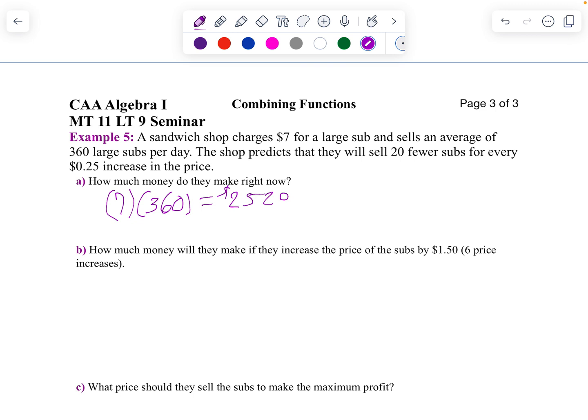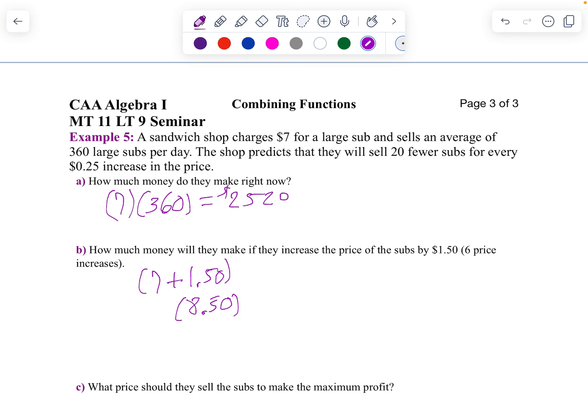Now, how about if they raise the price $1.50, which is 6 price increases according to their research. So 7 plus $1.50, they're going to sell subs for $8.50 each. So they're going to charge more per sub.